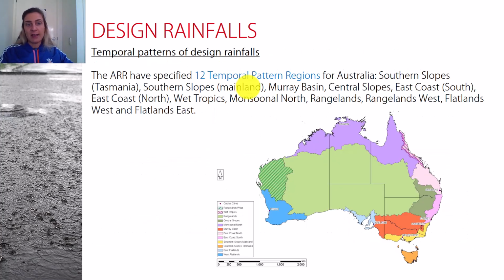So the Australian Rainfall and Runoff has specified 12 temporal pattern regions for Australia. So here we have the list of the regions, and a map showing these regions. Okay.